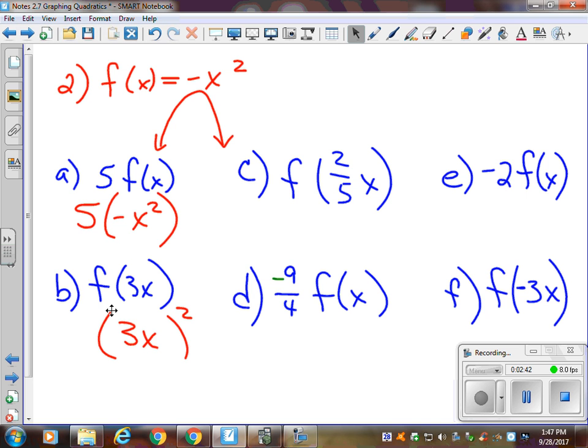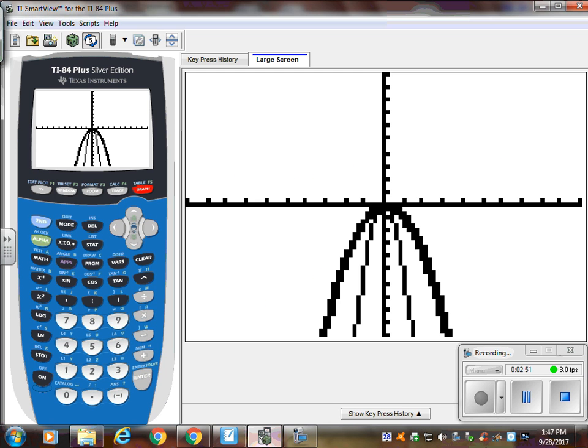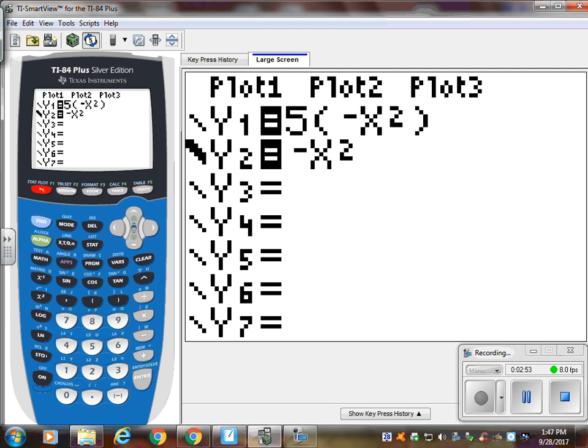Is it inside up there in the original problem? Yeah, it's not, is it? That's negative 1 times x squared. It's out here. So when you type that in the calculator, I could put the negative right there. Well, put the 3 here. And put the square on the outside.